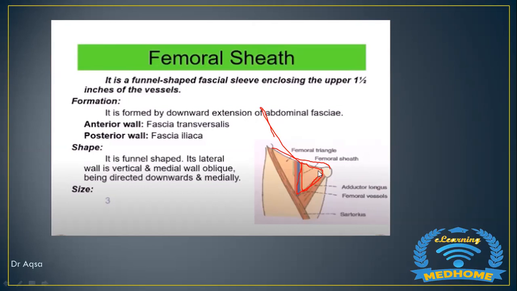The anterior wall is formed by fascia transversalis, and the posterior wall by fascia iliaca. It is funnel in shape; the lateral wall is vertical, the medial wall is oblique, and both meet downwards.